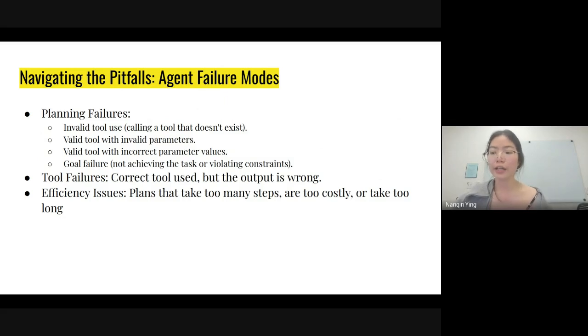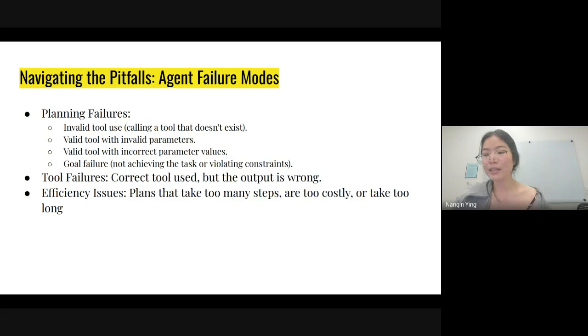To evaluate an agent, identifying its failure modes and measuring how often each of these failure modes happens is really important. The textbook mentioned three major failures: planning failures, tool failures, and efficiency issues.